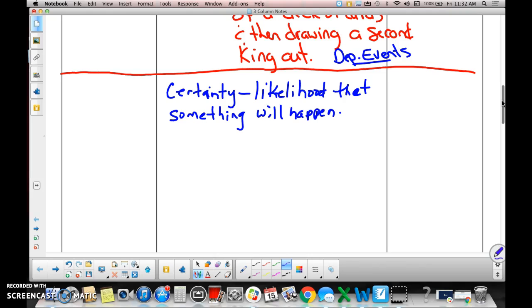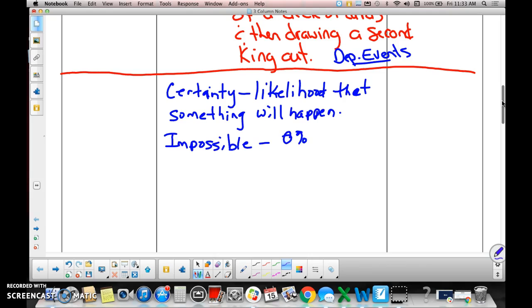Anya, what's the first one? Impossible. If something is impossible, what is the chance? This is a little bit harder to read. 0% chance that it's going to happen.